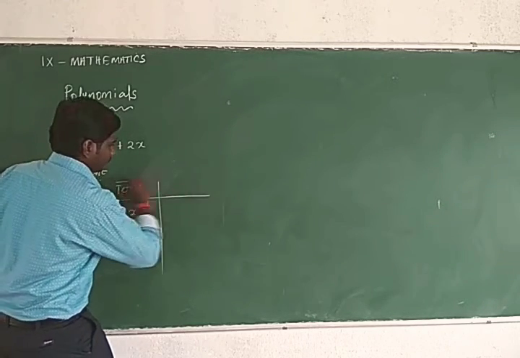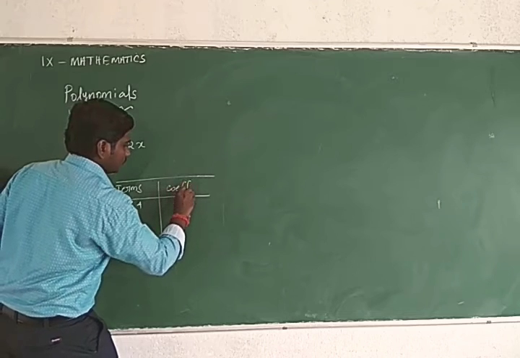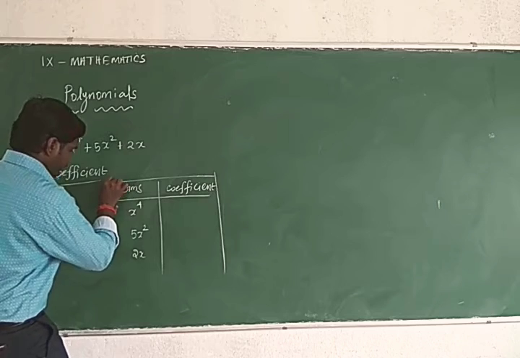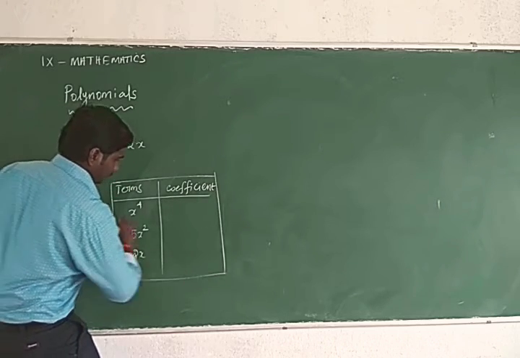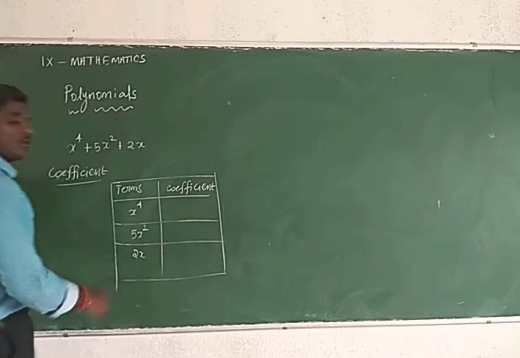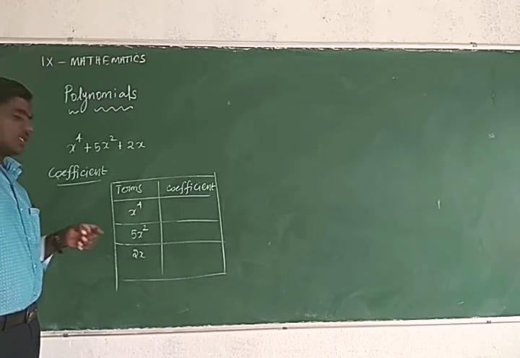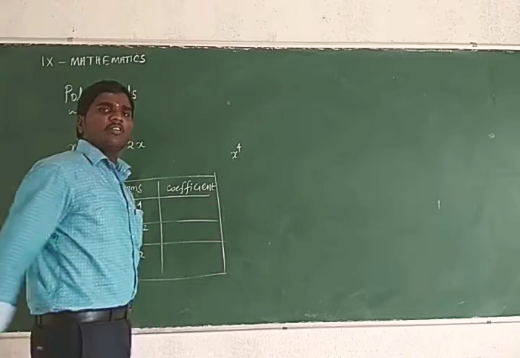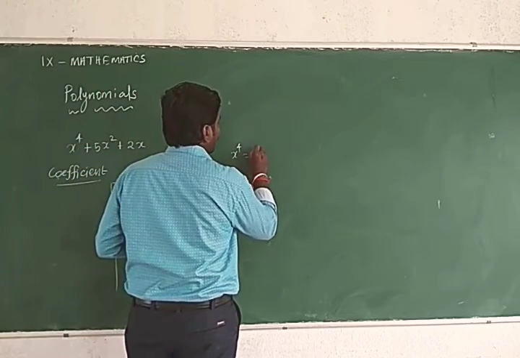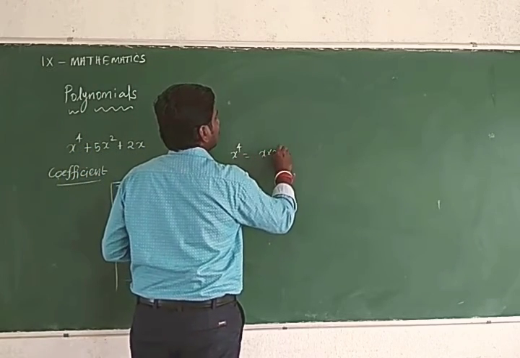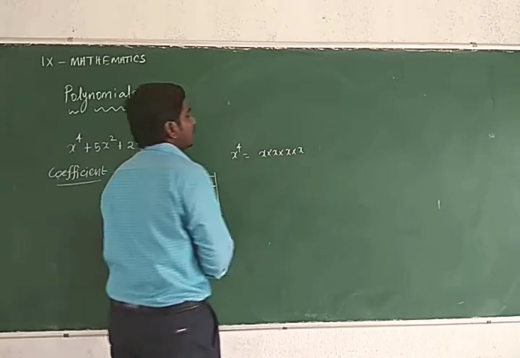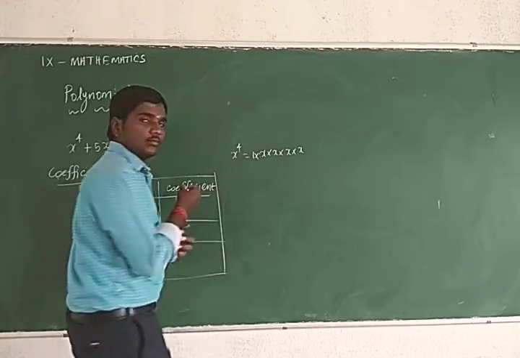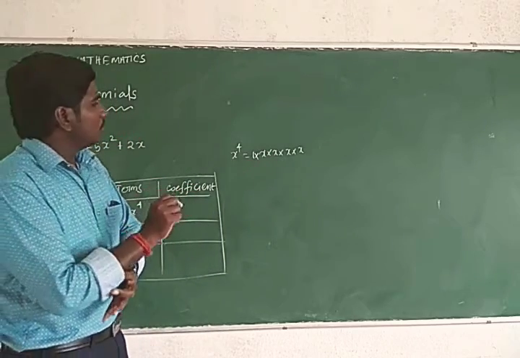Coefficient. What is the numerical factor? x power 4 we can write as x into x into x into x. There is no constant, so we can write it as 1 into x^4.